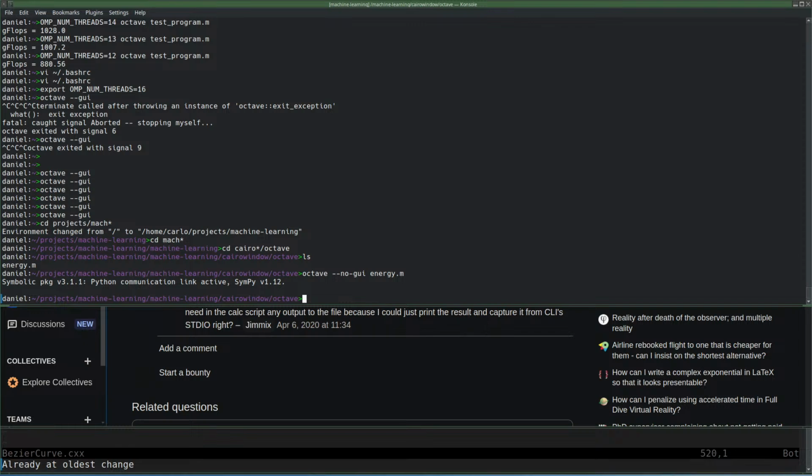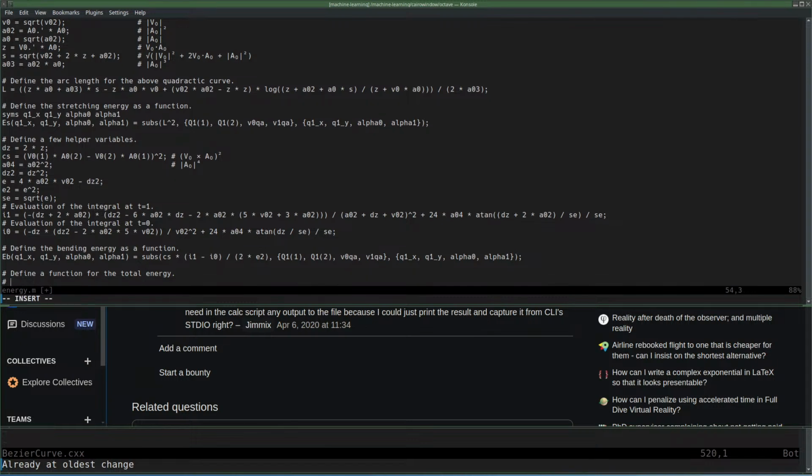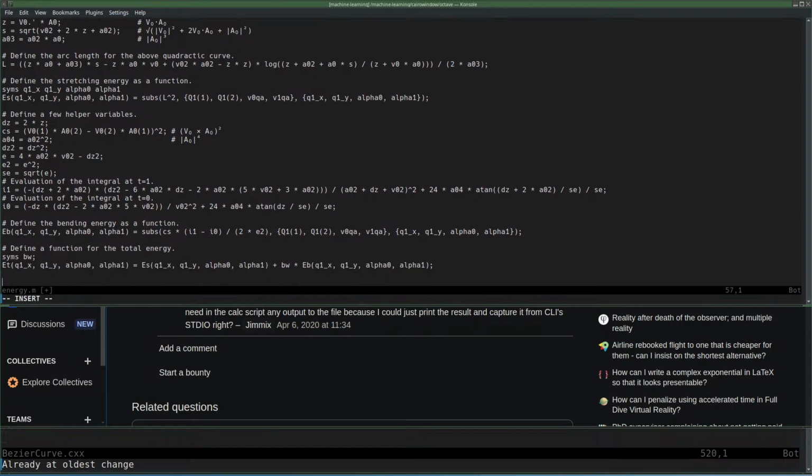Oh yeah, very useful. So I did run that and then nothing. So I guess I'll have to do something like, at the end, print a big formula.